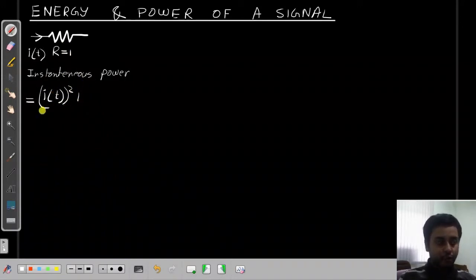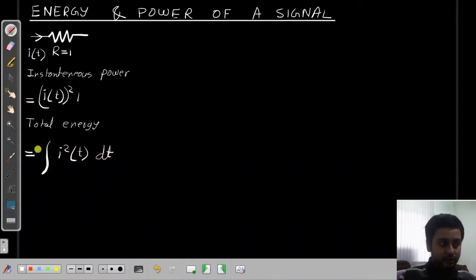Now therefore the total energy dissipated or associated with this signal i(t) can be written as the integration of i squared(t), multiplied by dt, maybe from minus infinity to plus infinity.